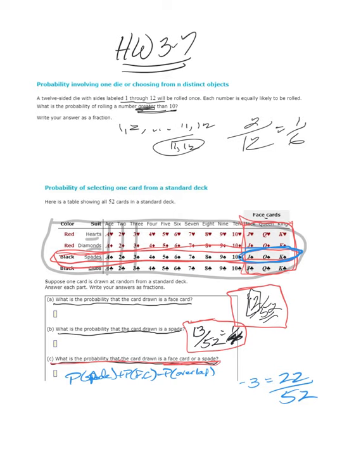So this overlap were the spades that were face cards, or face cards and spades. All right, got some practice to do on those. Let's see what's our next problem.